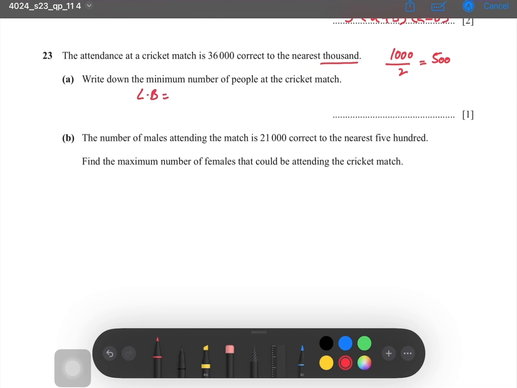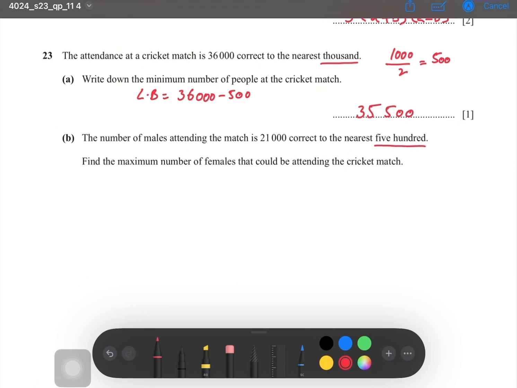So to find out the lower bound, I subtract 500 from 36,000. So it will be 35,500.